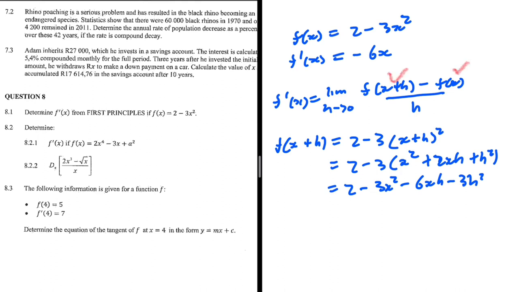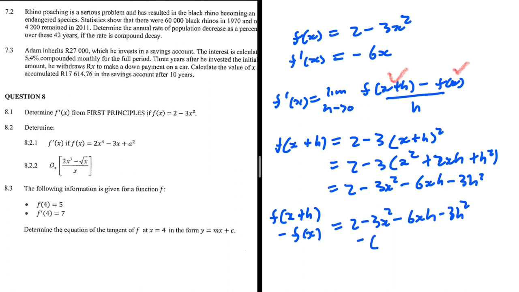Let's minus f of x. So f of x plus h minus f of x is going to be equals to 2 minus 3x squared minus 6xh minus 3h squared, minus f of x. f of x is 2 minus 3x squared.